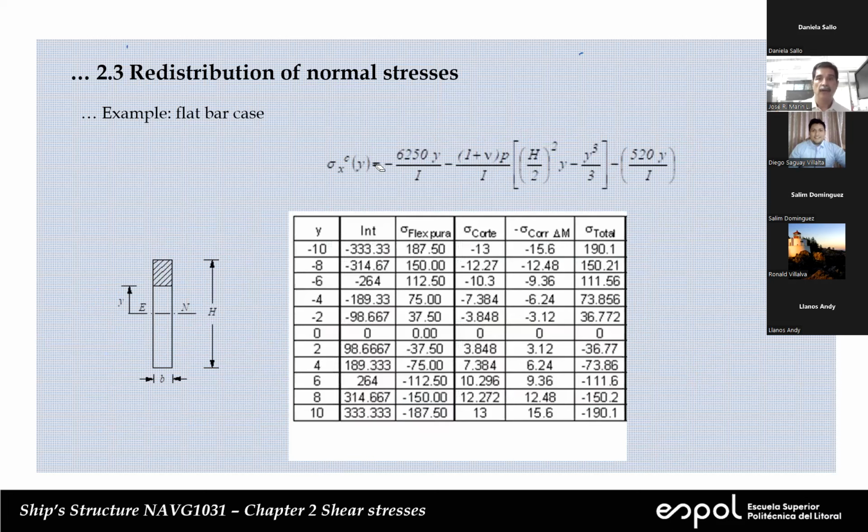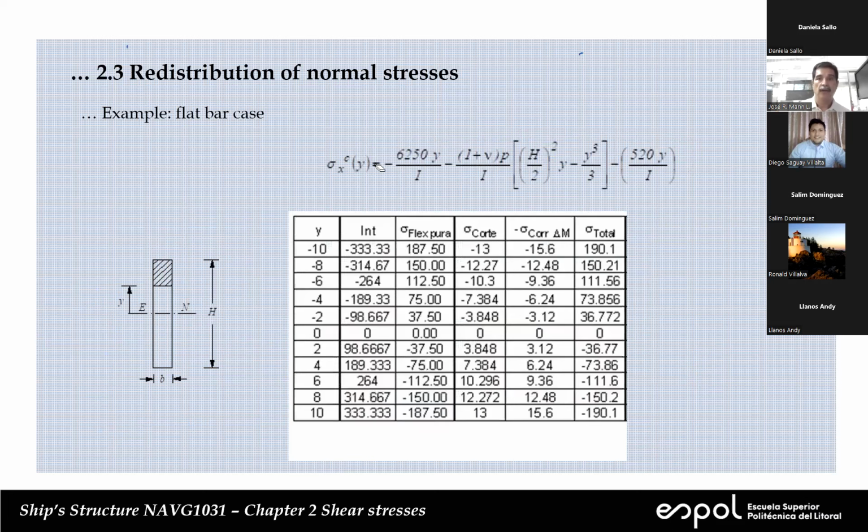Okay, delta M is equal to minus 520 y over I. So these and these terms are very similar. Okay, and this is the evaluation. Okay, so again, this is y. And in this direction, we have x.